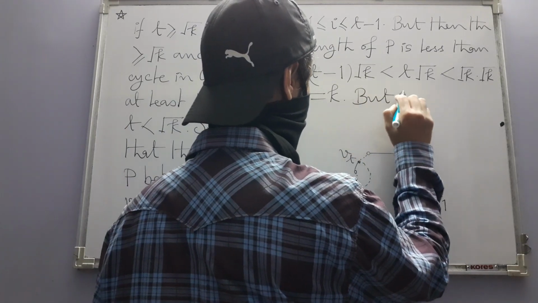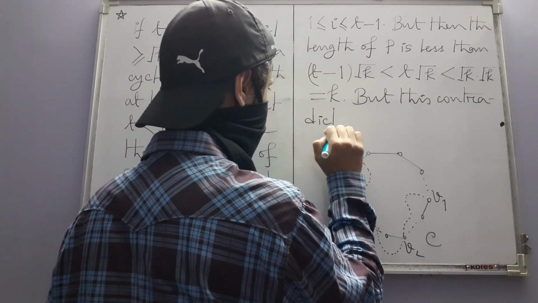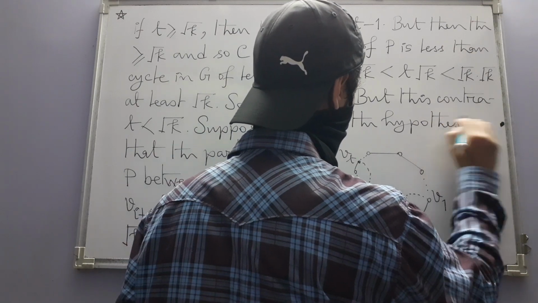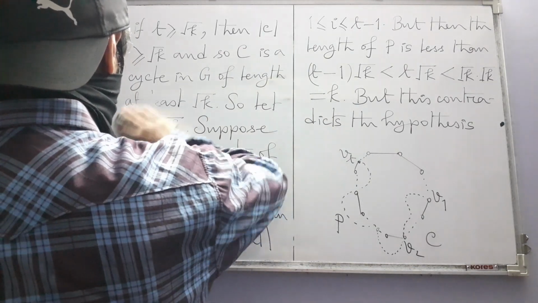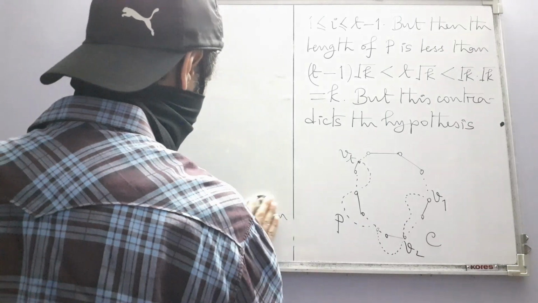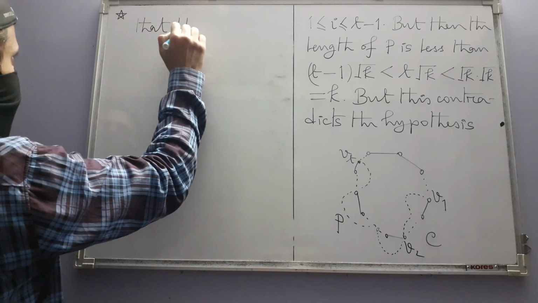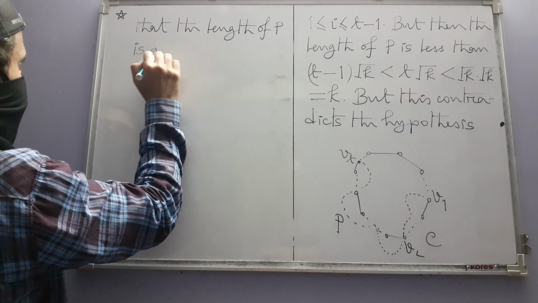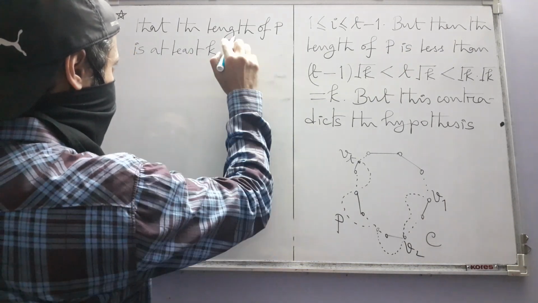But this contradicts the hypothesis, let me just keep the diagram, that the length of P is at least k. So that means our supposition is wrong.